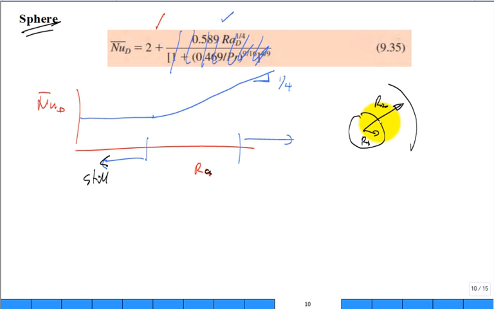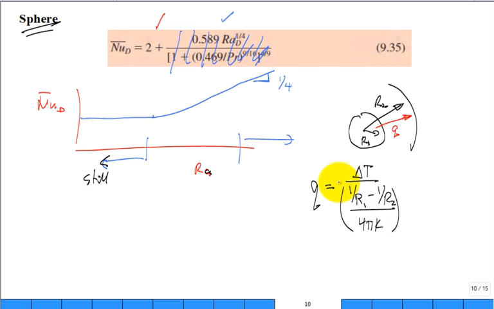Do you remember something like that, where we said the rate of heat transfer going through that layer of insulation, Q, is equal to the delta T divided by the resistance. Let me write it like this. Delta T, T1 minus T2, divided by the resistance. It's 1 over R1 minus 1 over R2, divided by 4 pi k. That was our resistance for a layer of insulation going from radius 1 to radius 2 around the sphere.